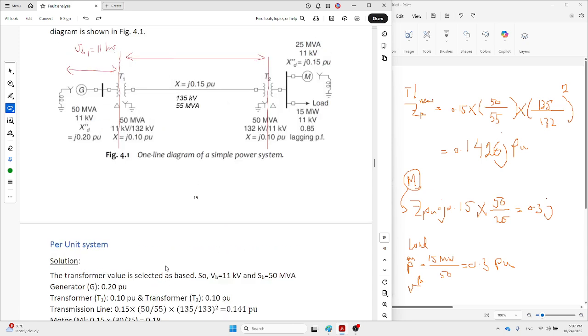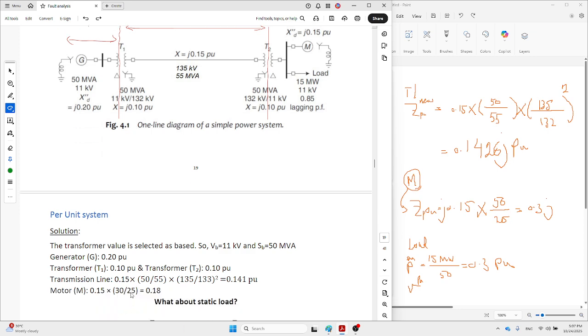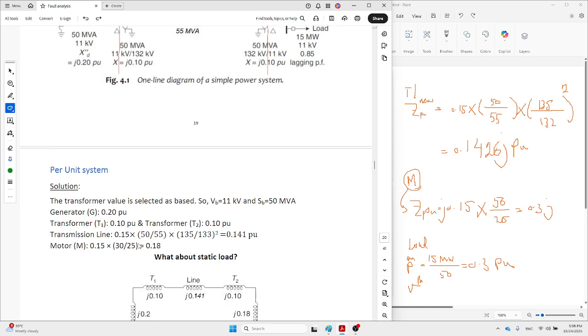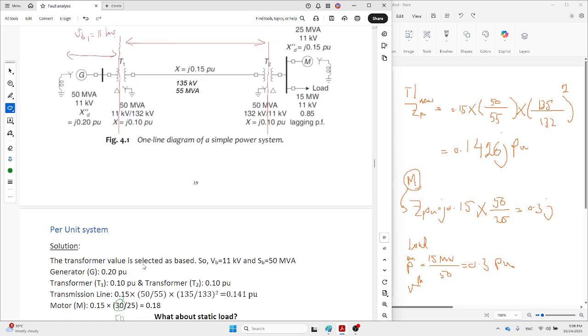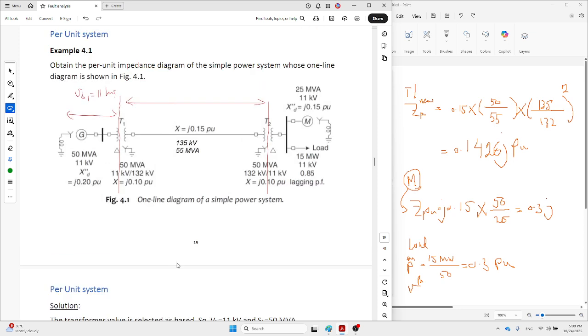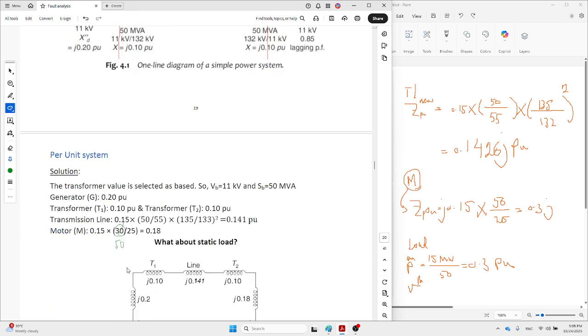So which one is 125 over 30? 50. Correct. I think something is missed here. I think this one must be 50. This is wrong, this is 50. Yes. So change this one and then this value becomes 0.3.